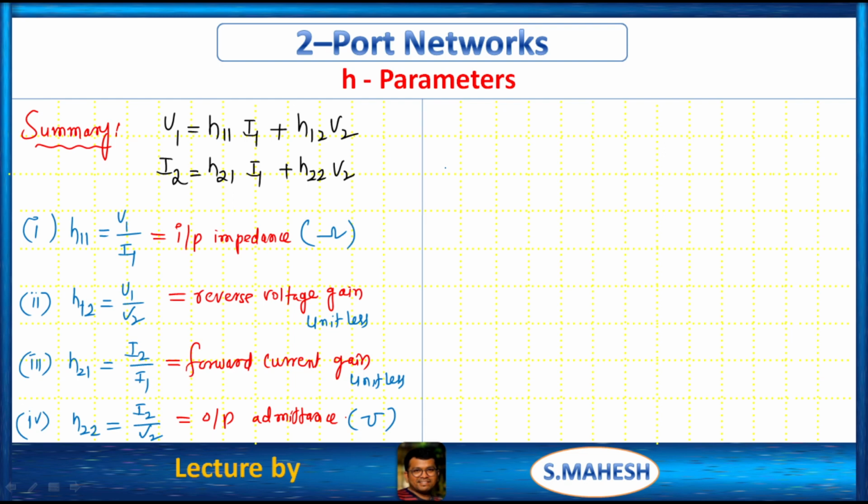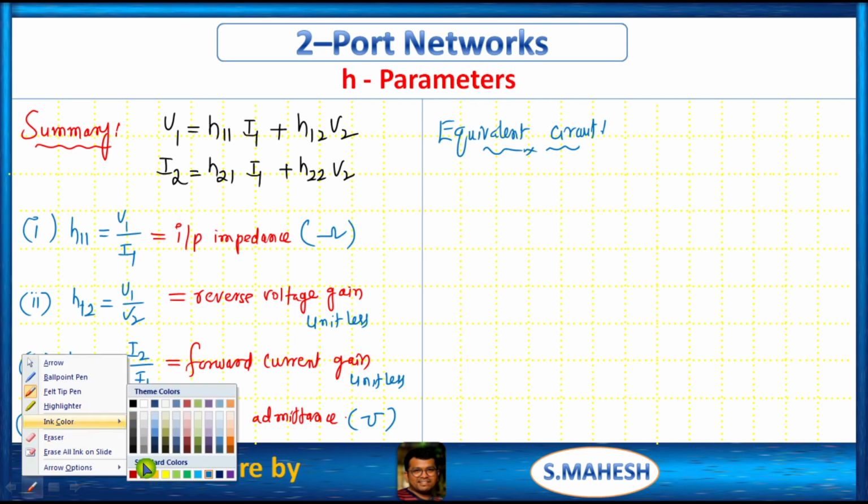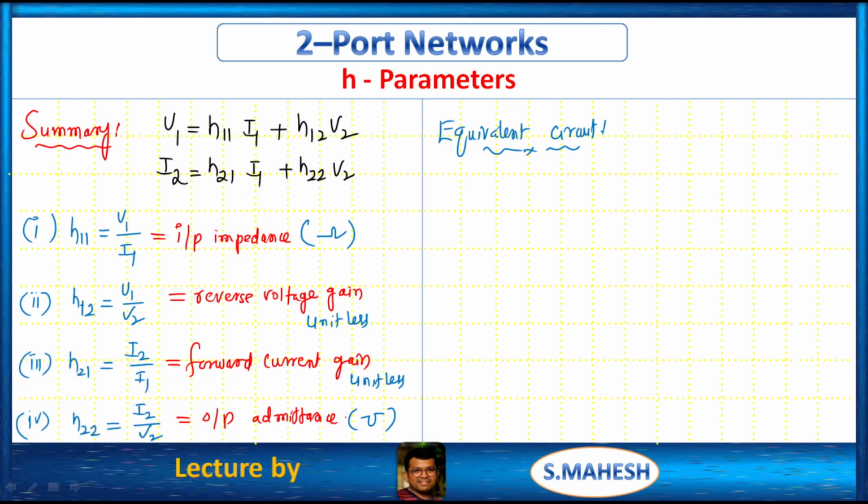That's it. Now we have to get the equivalent circuit. What is the equivalent circuit? This is voltage, this is current. This is the application of KVL. This is the application of KCL.